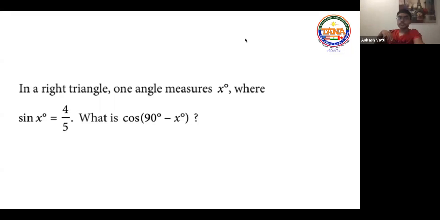Again, after you get your answer, just put it in the chat so I know that you've got it, and I know if people got it right or wrong.